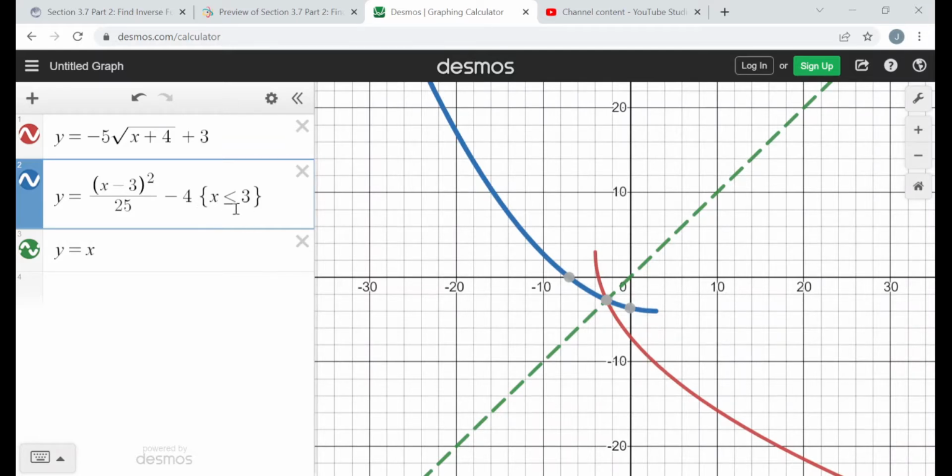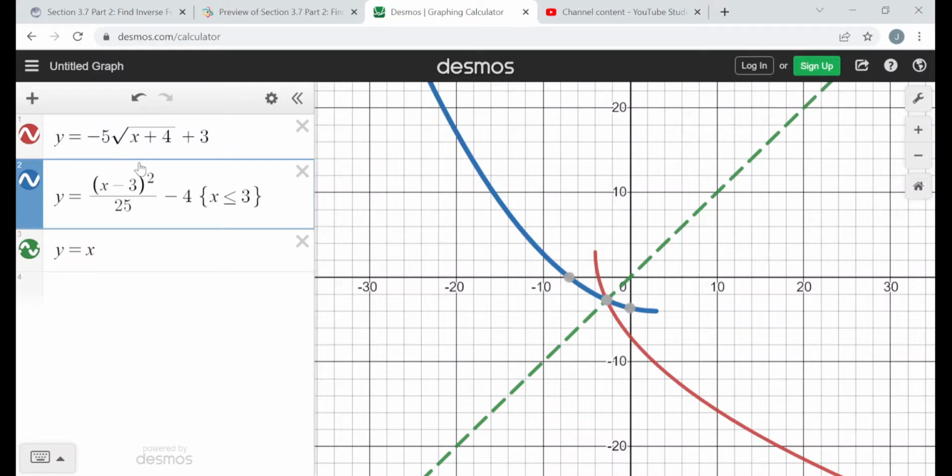So again, the domain of the red graph is the range of the blue graph, and the range of the red graph is the domain of the blue graph, or whatever colors you're seeing. Hopefully you can see that they do look like a good reflection across the line y equals x. So that pretty much tells me, hey, this is a good inverse here.